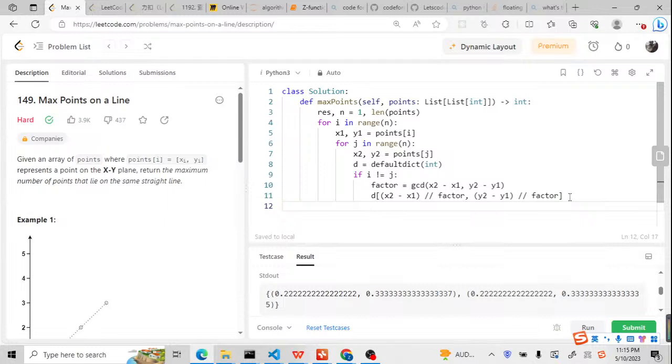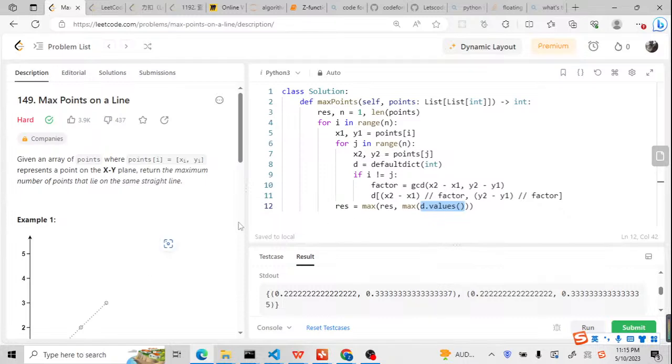Now we need to have a check after this for loop. So the result would be the maximum of the result and max of d dot values. But we are not sure if there is any value inside the dictionary.